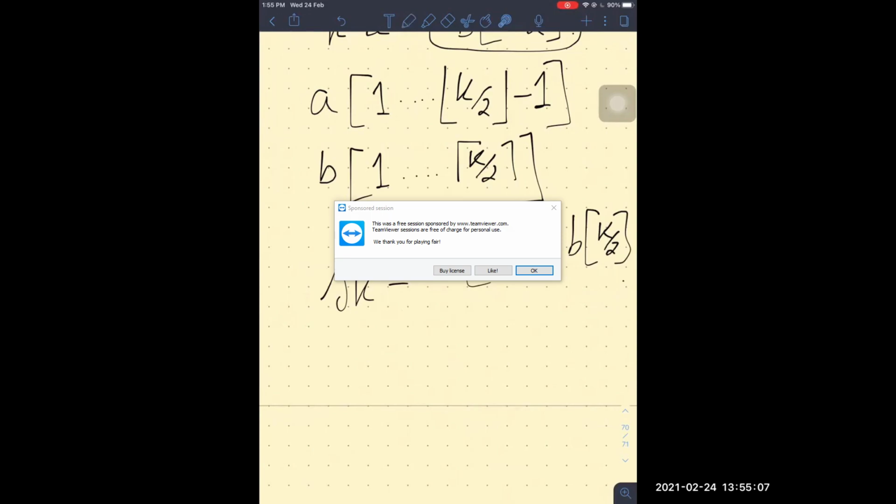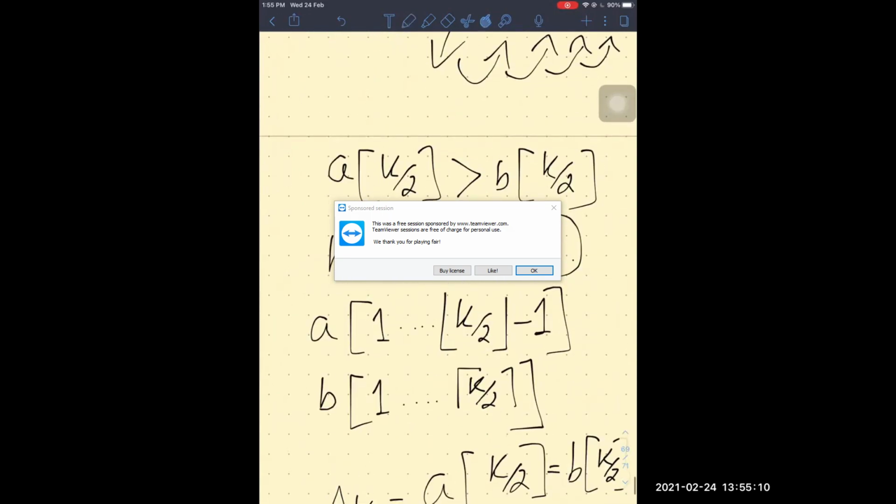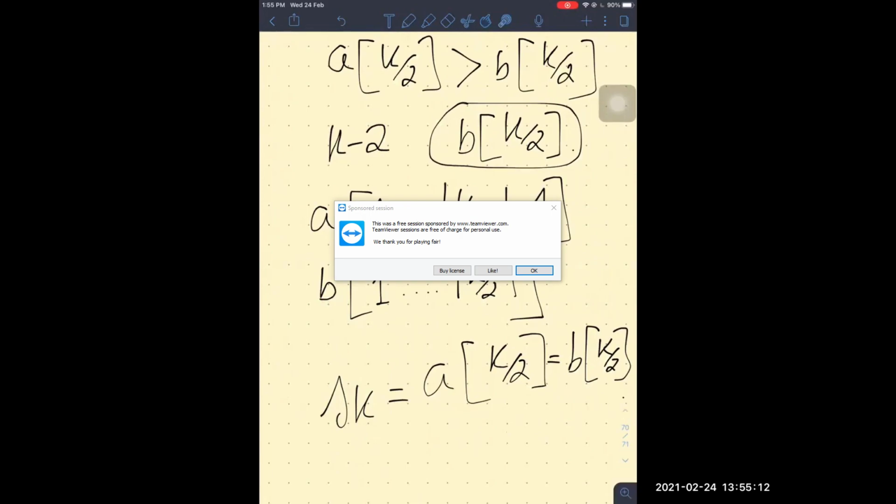Okay, so if they are not equal, then we will have k minus 2 elements, which will be smaller than B[k/2].